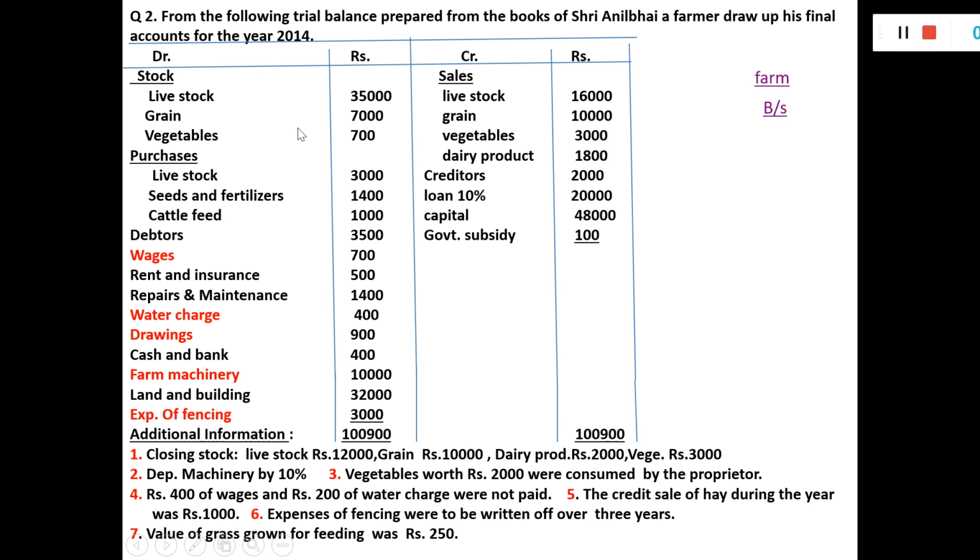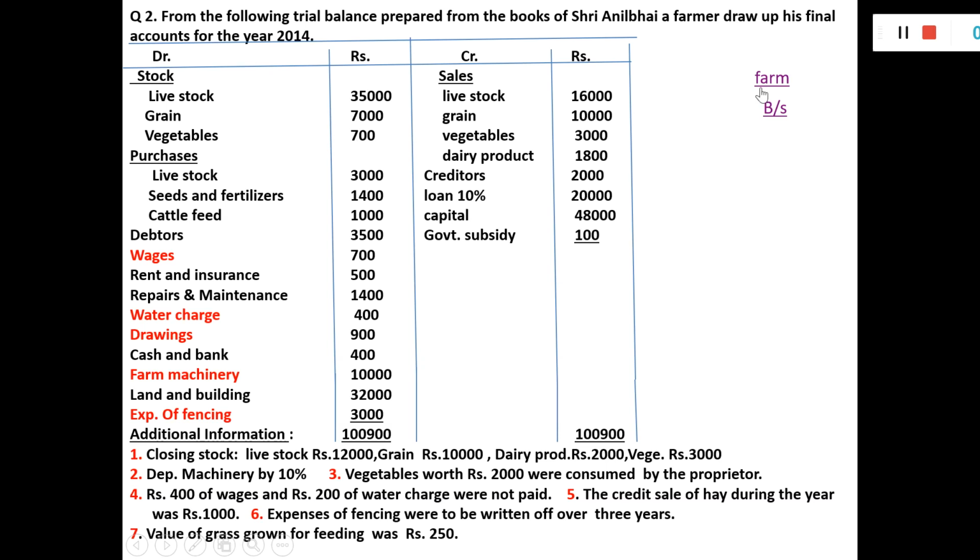See, first of all, we have been given the information about the stocks: livestock, grain and vegetables. Livestock will be written in the balance sheet. Grain and vegetables will be written in the debit side of the farm accounts.